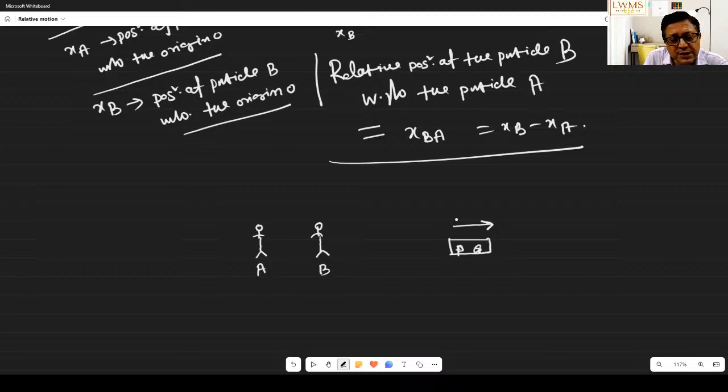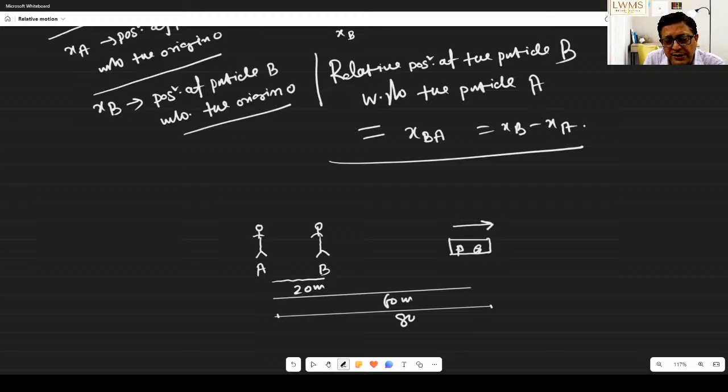Suppose the distance from A to B is equal to 20 meter, and from A to P this is equal to 60 meter. At an arbitrary instant, the distance of Q is 80 meter.